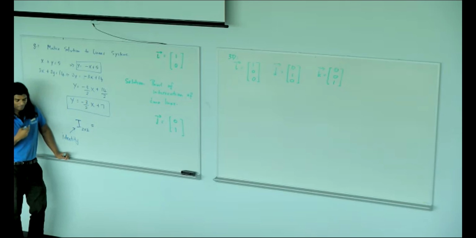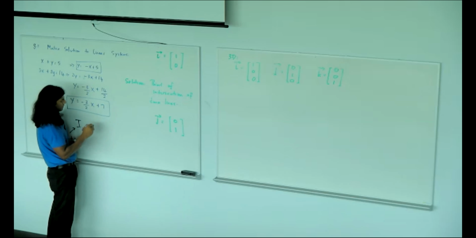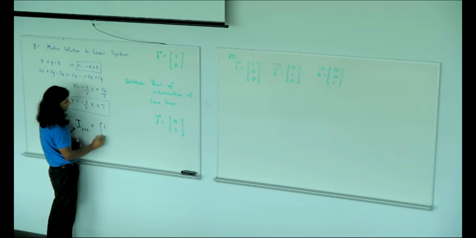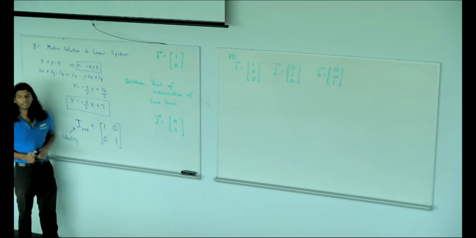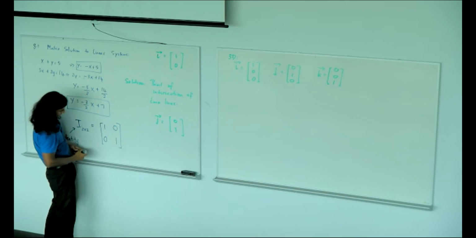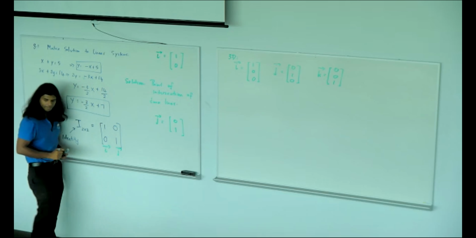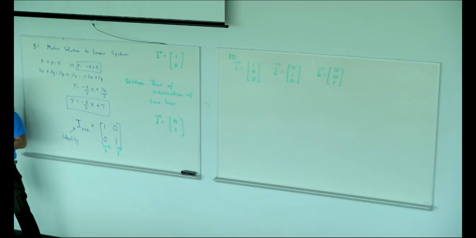The same number, self-identity. So the identity matrix for 2 dimensions is simply 1, 0, 0, 1. All I did is take the i vector, j vector, and put them together. Good.